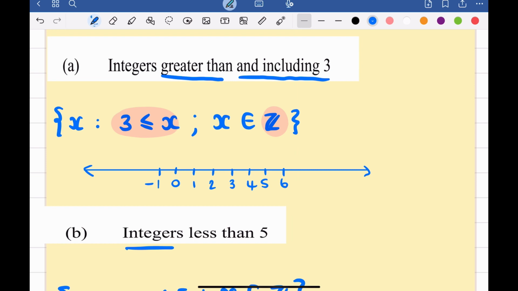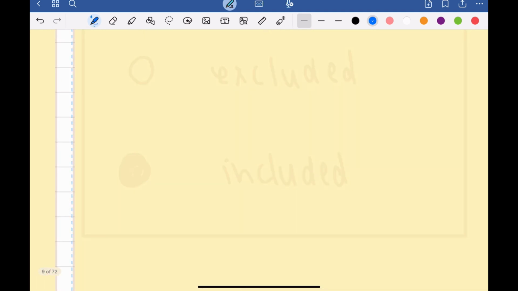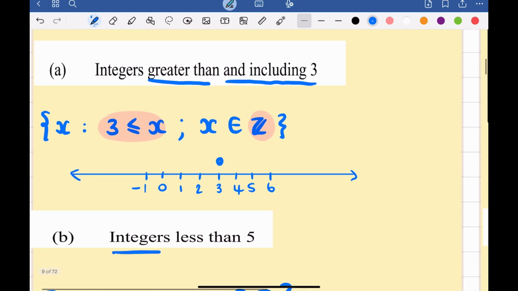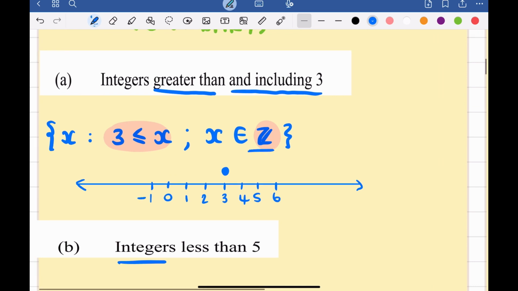and then we mark a few values going up and down on the number line. And because it's x bigger than or equal to 3, like we said here, included is a full circle. So 3 is going to be a full circle. It's bigger than or equal to, but it's elements of integers. Integers means we're going to use dots, okay?